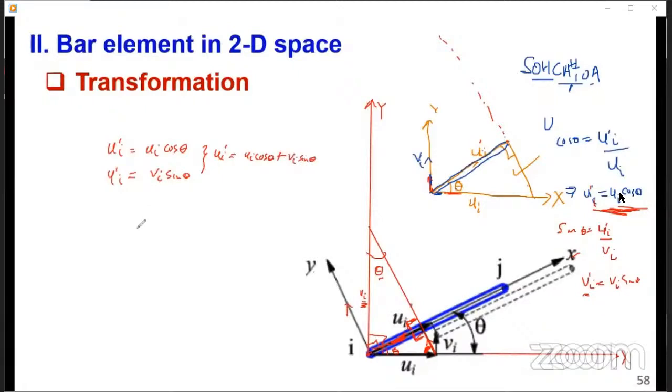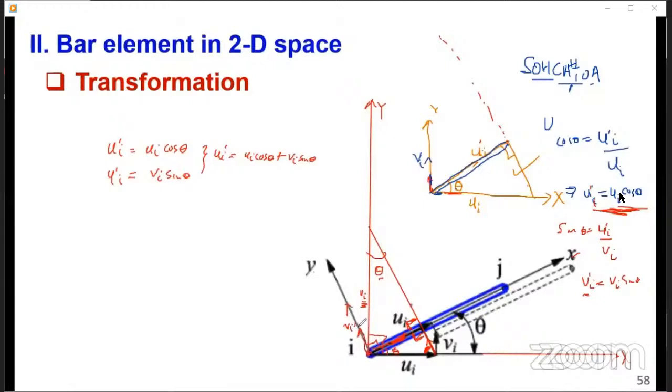Now, the second part, which I would like you to somehow visualize again, is to get now the component of the VI. Remember in this axis here, we have this component, VI prime.